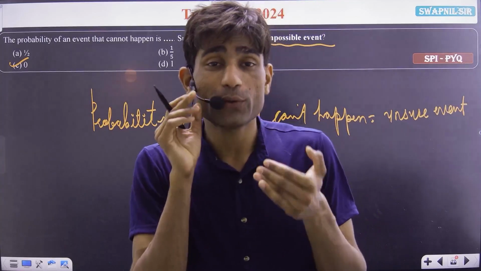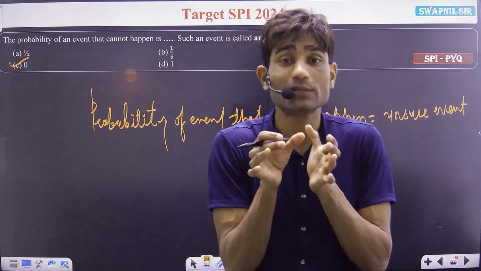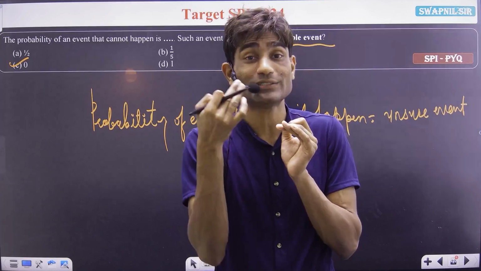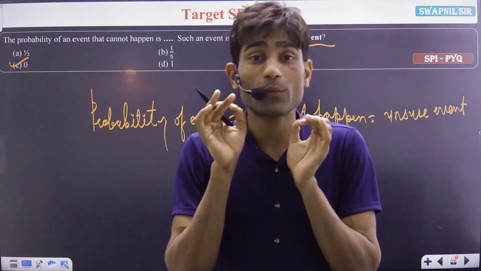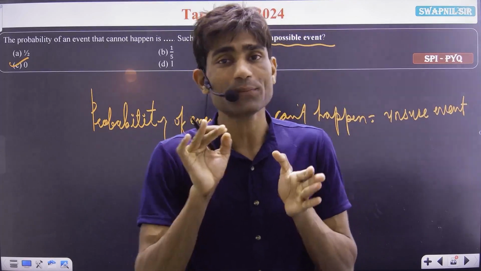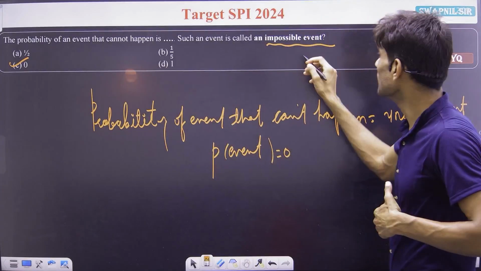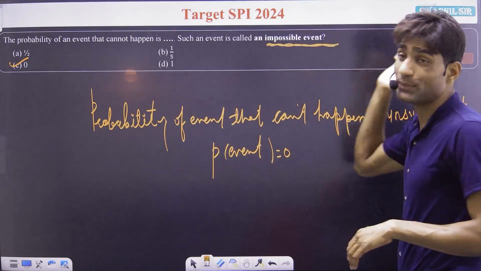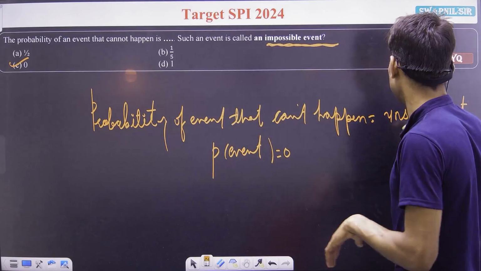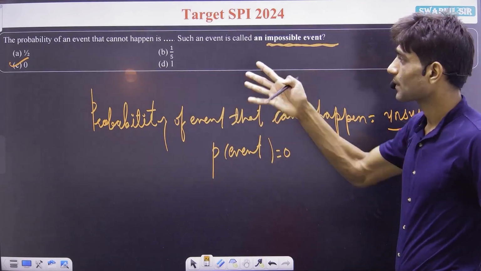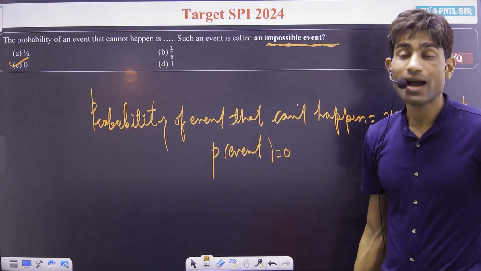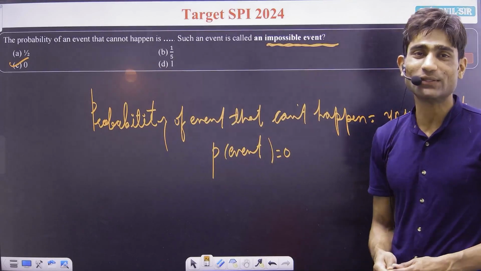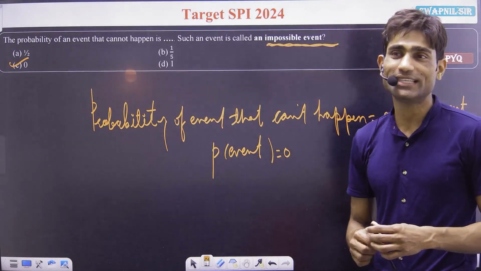If we find the probability of some certain event, it has to have some value other than 0. If the value comes out 0, then we say it is an impossible or unsure event. So option C is correct here. I'm expecting that you all have understood this solution. Let's move to the next question.